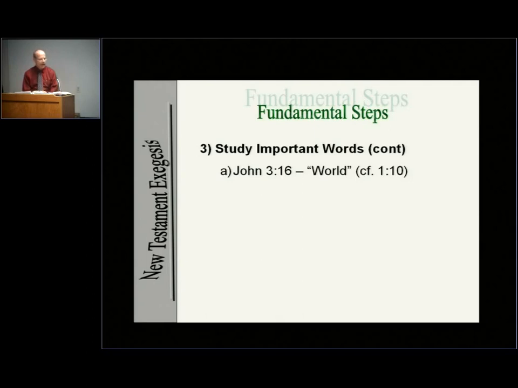No, I mean, like even in 1:10, when it says that he made the world, it's not saying he made the wicked people. He's just talking about, he made everything in creation. So you just gotta look at the context. Knowing though that John does most of the time use the word cosmos to refer to rebellious people, that's an important point to remember.